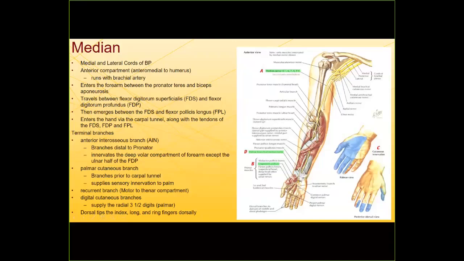Okay, so that's why the median nerve is responsible for the cutaneous innervation of this portion of the hand after it's crossed the carpal tunnel. And before it crosses the carpal tunnel, it's responsible for this part of our hand.